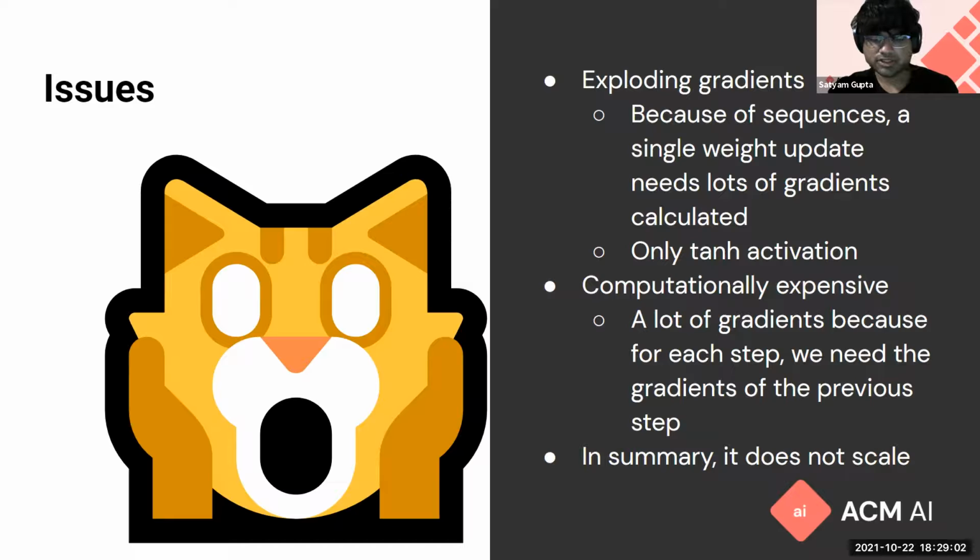Also, if you have time steps and you have to do it again and again, then the computation is just going to be higher too. You need to take these things into consideration, and it turns out that simple RNNs do work really well, but there could be something better.